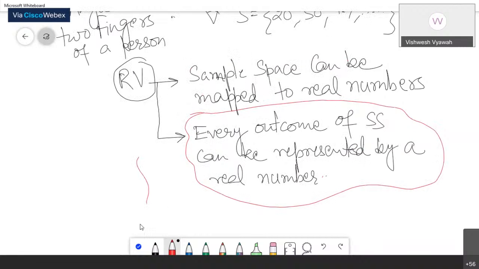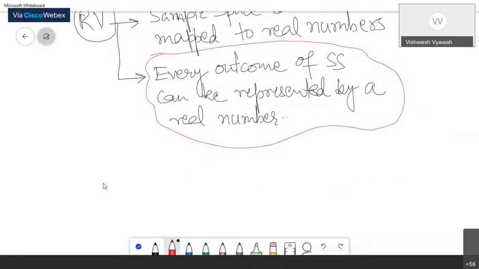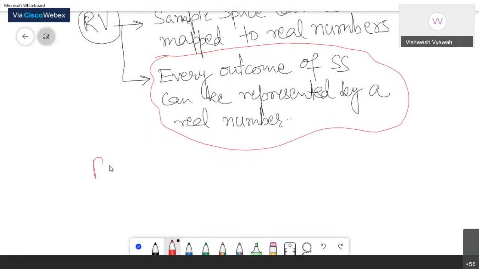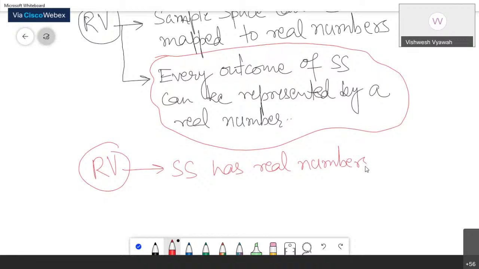So by defining a random variable, what is happening is that the sample space has real numbers as elements.